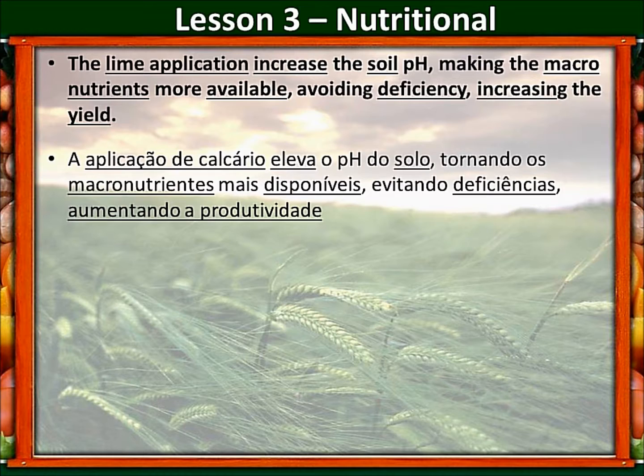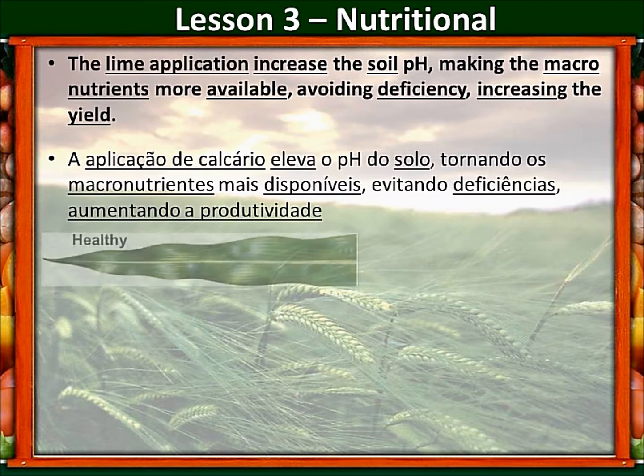Lime application, aplicação de calcário, increase, eleva o pH do solo, the soil pH, making the macronutrients, tornando os macronutrientes more available, mais disponíveis, avoiding deficiency, evitando deficiências, increasing, aumentando, como é que eu digo produtividade?